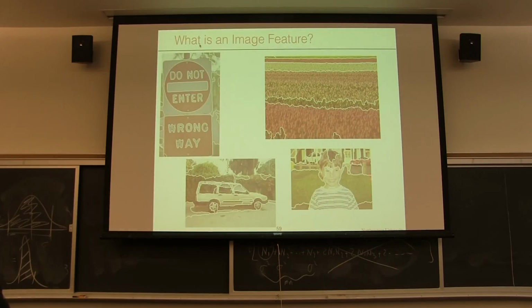Sometimes we'll be thinking in terms of texture, so I have regions that can be separated. And sometimes it's easy to go back and forth between edges and regions. If I have a region and I follow the boundary of the region, I have an edge. Or if I have the edge and I close the contour, I have a region inside. Now, unfortunately, life is not that easy. What we're going to see is that it's not as simple to go back and forth between them, because detections are imperfect and segmentations are also imperfect.